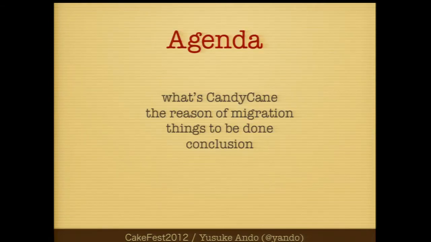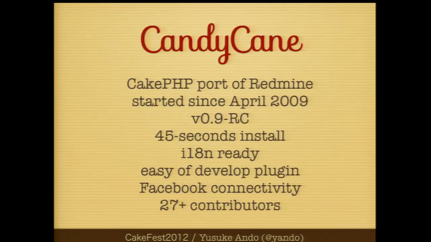I'm going to start with what CandyCane is. CandyCane is basically just a clone of Redmine, which is the issue tracking system on Ruby on Rails. It started in 2009 because I tried to use Redmine in my last company, but unfortunately Redmine was not stable enough for my company.